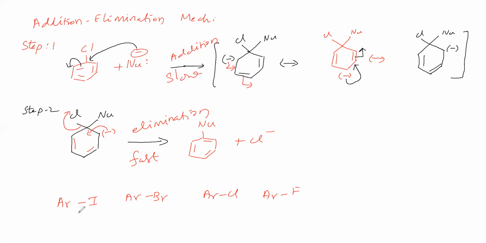That means which leaving group is the better leaving group here? Therefore, the rate of nucleophilic substitution reaction will be in this order. We'll see next the elimination addition mechanism, that is called the benzyne mechanism.